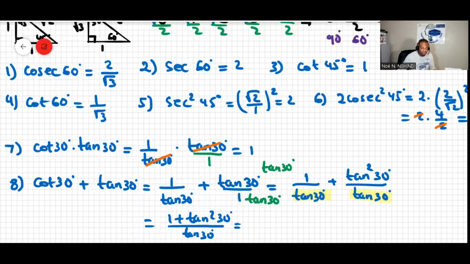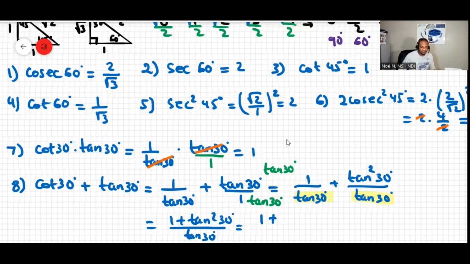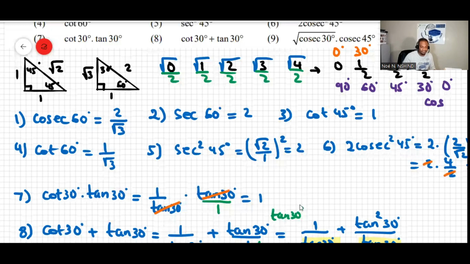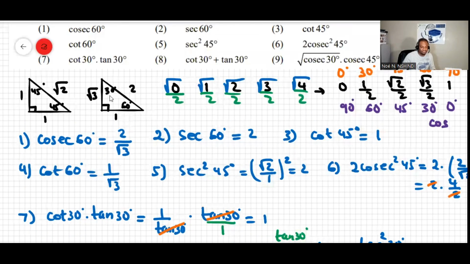Now we can substitute. It's going to be 1 plus tan squared 30 degrees over tan 30 degrees. Tan 30 is going to be 1 over root 3.